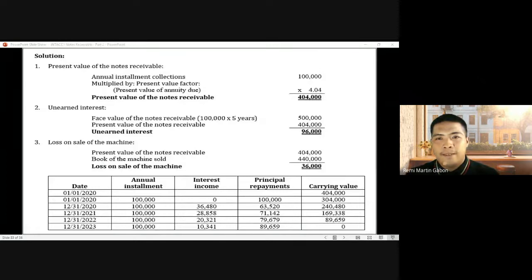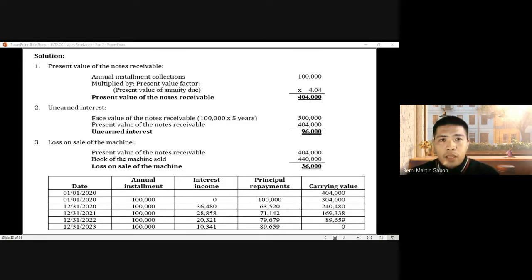Okay. Correct. Very good. So, sakto yung 404,000. Kasi kung gagamitin natin yung supposed interest kanina, magkano yun? 89,659 times 0.12. Yung 10,759, yung magiging principal repayment natin will be 89,241.